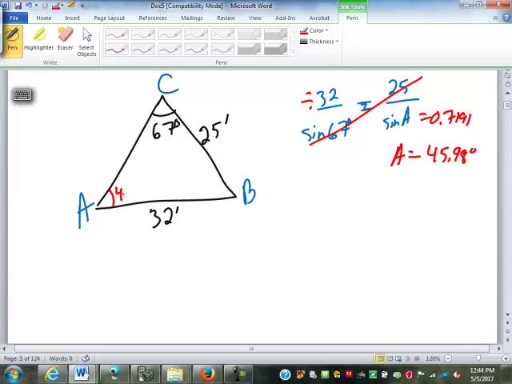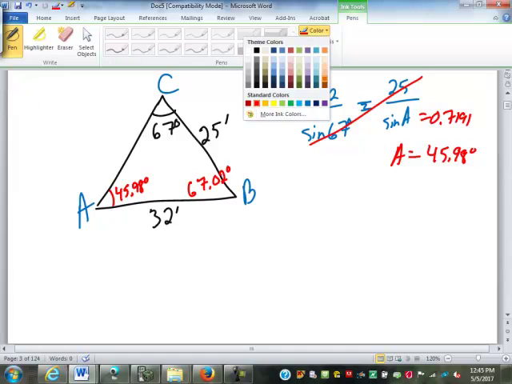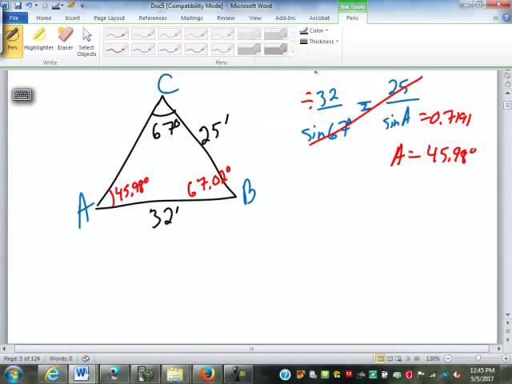So this is 45.98 degrees. This is 67.02 degrees here. Now we're good to go. What do we do next?